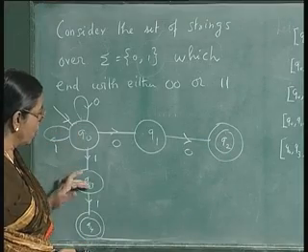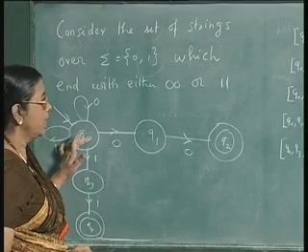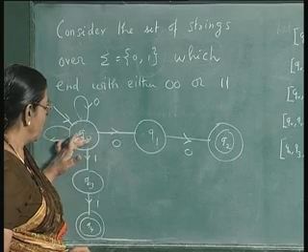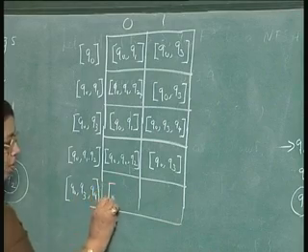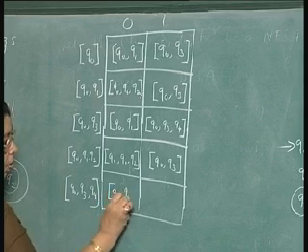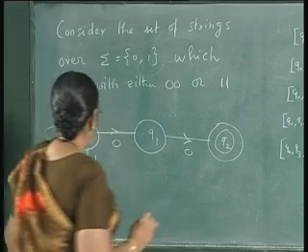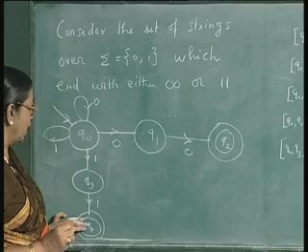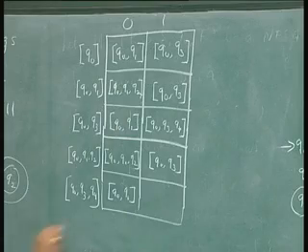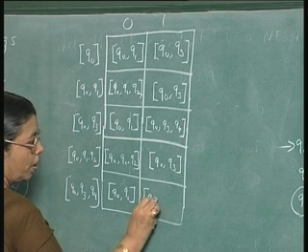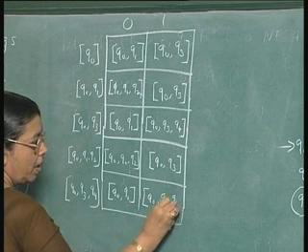From Q0, Q3 or Q4 if you get a 0, you get to Q0 or Q1 only. If you get a 1, you get Q0, Q3, Q4.